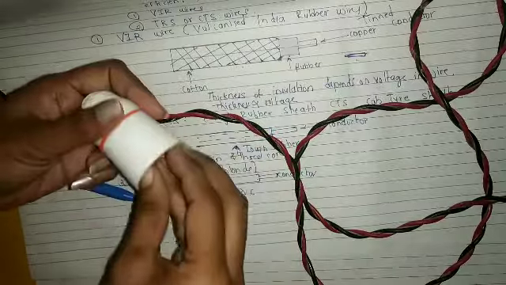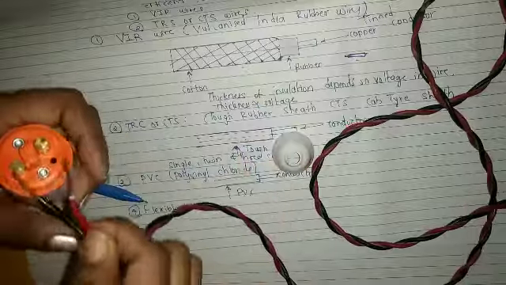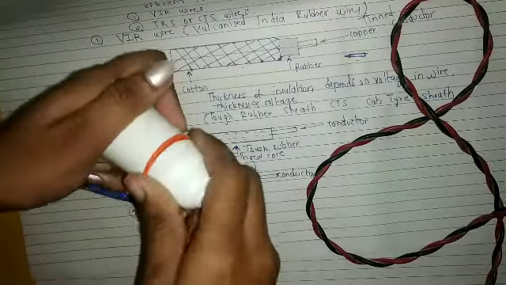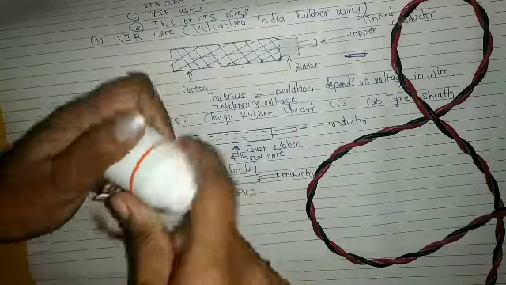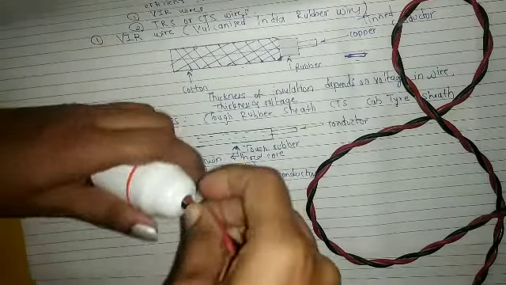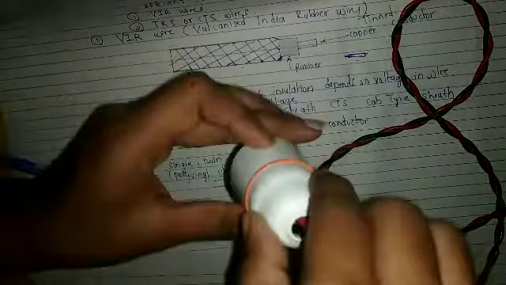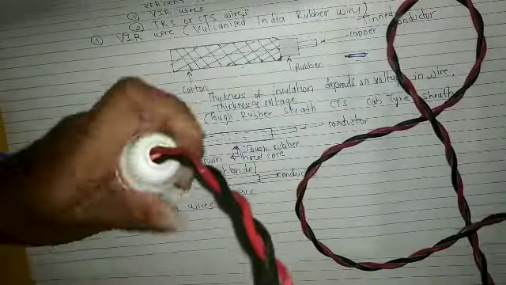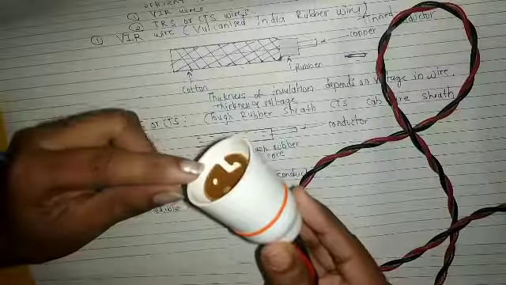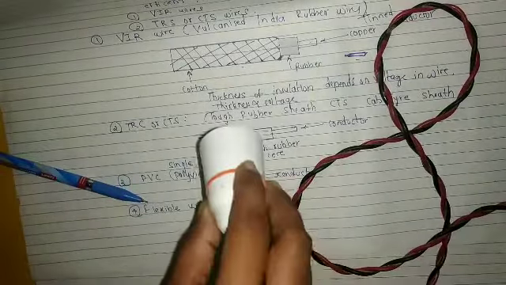We attach the bulb and give the supply from here to these two points. So these wires are used for portable domestic appliances and for pendant holders, where we can attach the bulb.